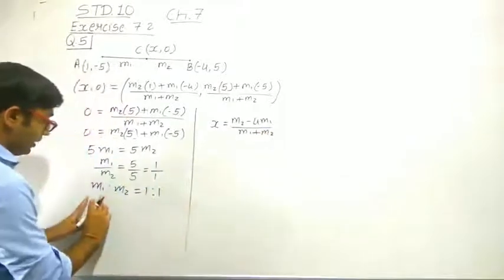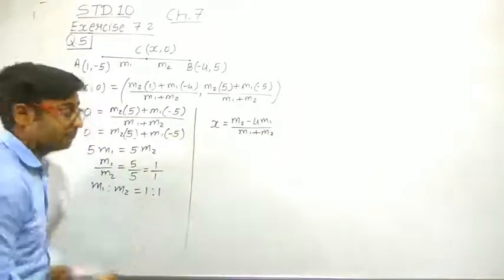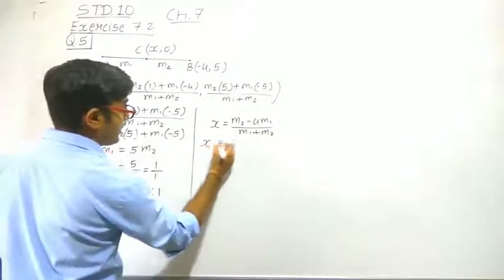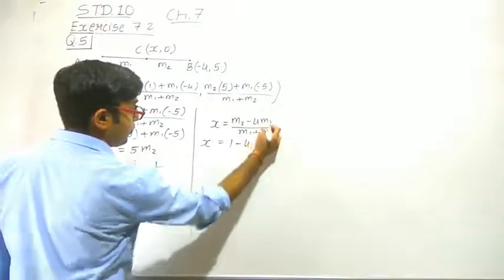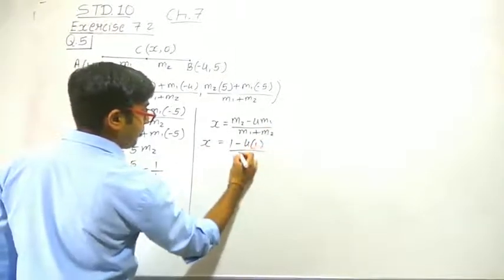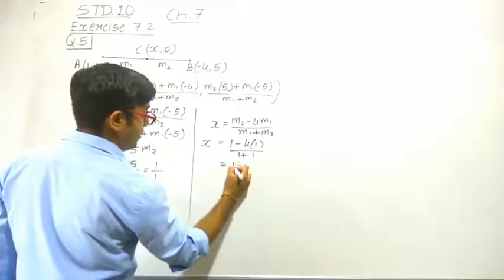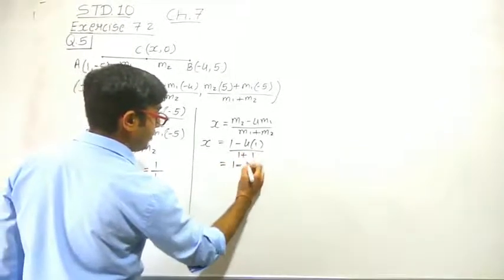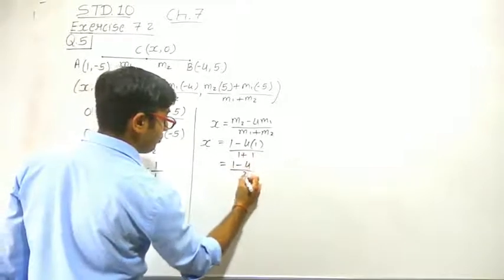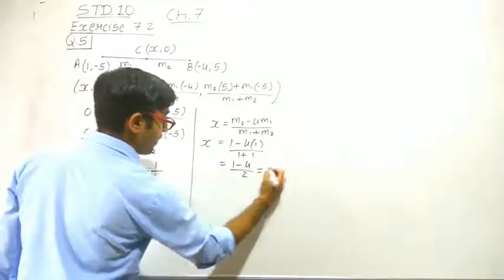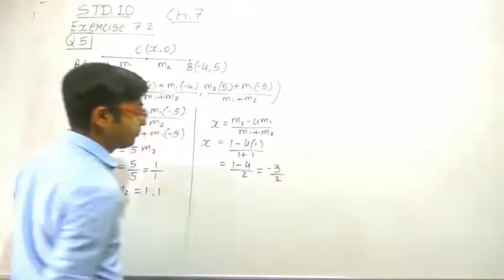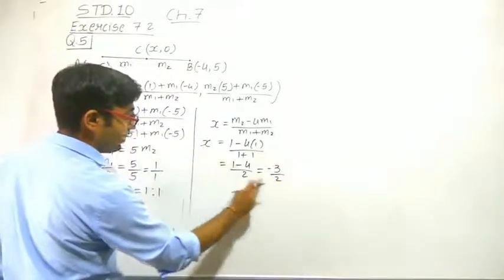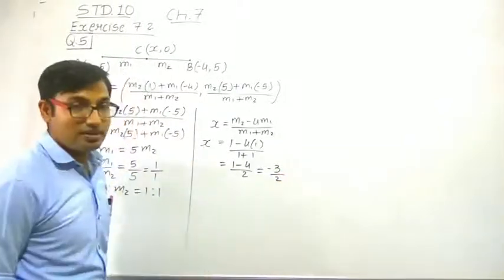So put down the values of m1 and m2, that is 1 and 1. So here we get x is equal to 1 minus 4 into 1 upon 1 plus 1. That is 1 minus 4 upon 2, which is equal to minus 3 upon 2.